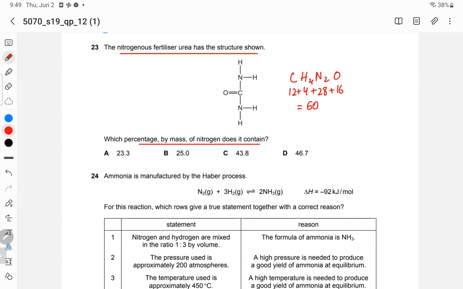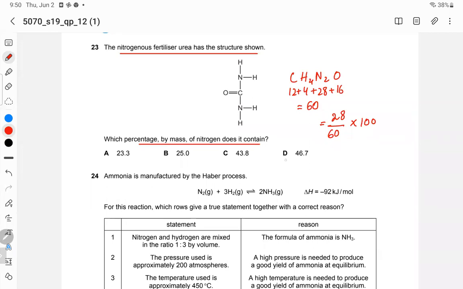Can anybody confirm that its Mr is 60? जी भाई, कोई बता क्यों नहीं रहा? जी, और मुझे परसेंटेज कैलकुलेट कीजिए.